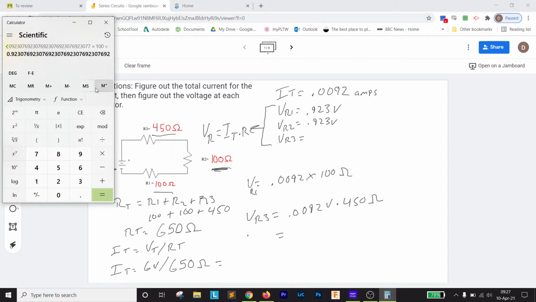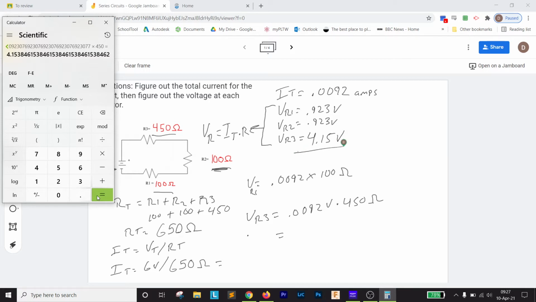If we go in here and do this, clear, I'm going to use memory recall to get my current back, and then times 450, which gives me, I'm going to say 4.15 volts.